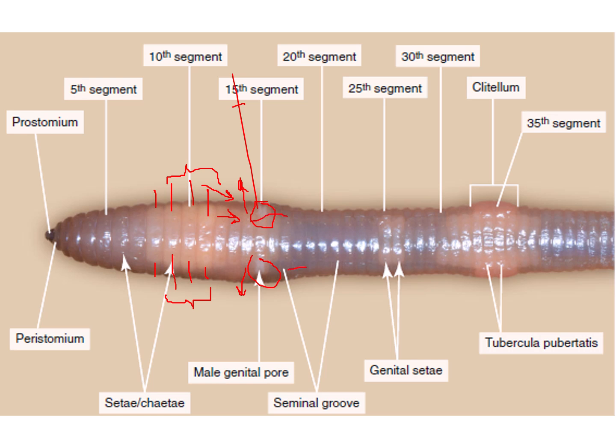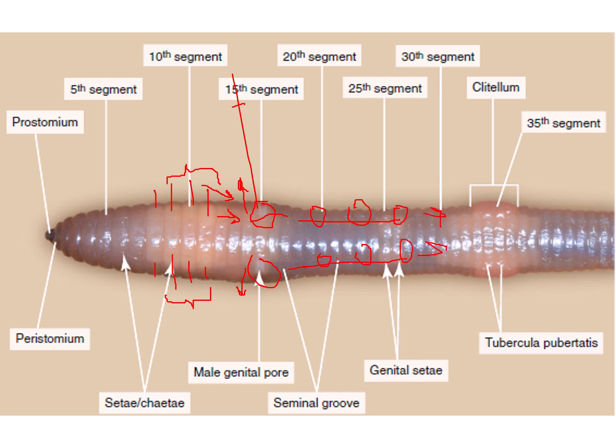Here, if we see carefully, there are grooves, lines, depressions in the body. They are called seminal grooves. The sperms and eggs run in these seminal grooves toward the clitellum. They would stick here and run toward the clitellum inside these grooves. So they reach the clitellum.